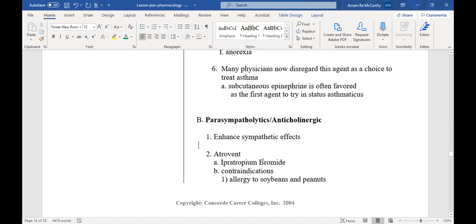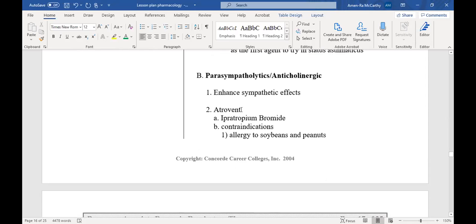Here we go. Atrovent, which is the trade name for ipratropium bromide. All right, where's my Atrovent? Here we go. Atrovent is the trade name for ipratropium bromide. It is an anticholinergic drug.